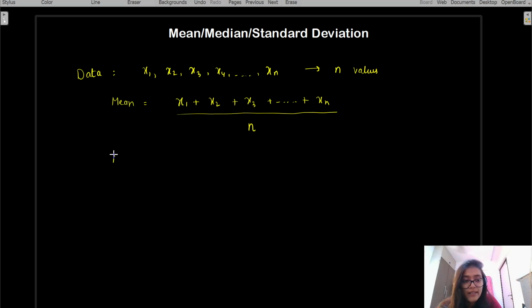Okay, then median. Median is given by the centralmost value. So if you arrange your data in ascending order, this is really important. This is the most important step. First things first, you need to arrange your data in ascending order.